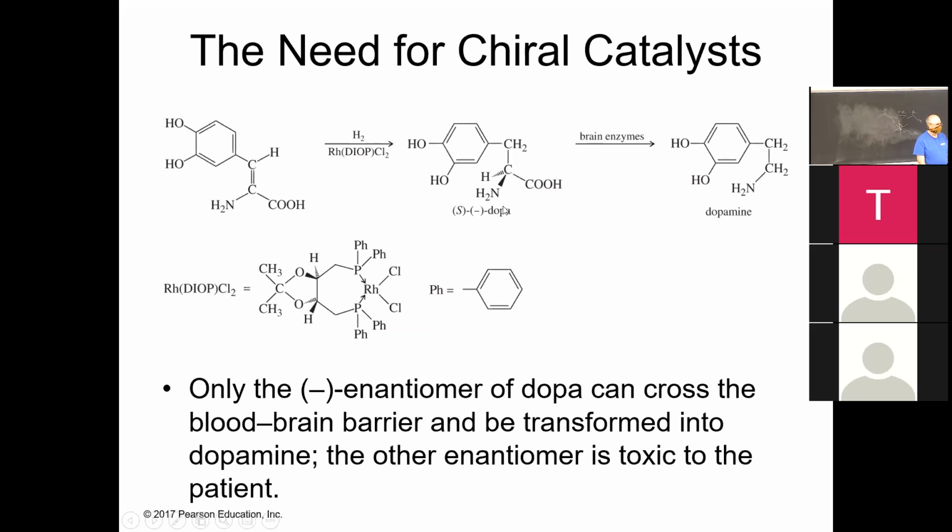We don't want the racemic mixture because only the S isomer of DOPA is useful in treating Parkinson's disease. The other enantiomer is actually toxic. That was one of the examples from the article that I showed you, L-DOPA or S minus DOPA.